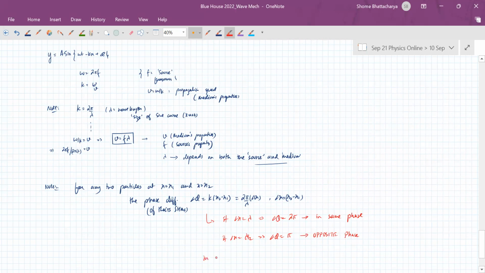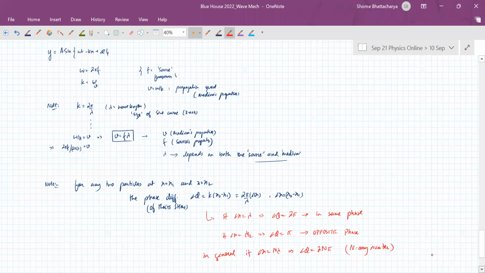And in general, if delta x is equal to n lambda, then your phase difference will be equal to 2n pi. Here n can be any number, need not be a whole number also.